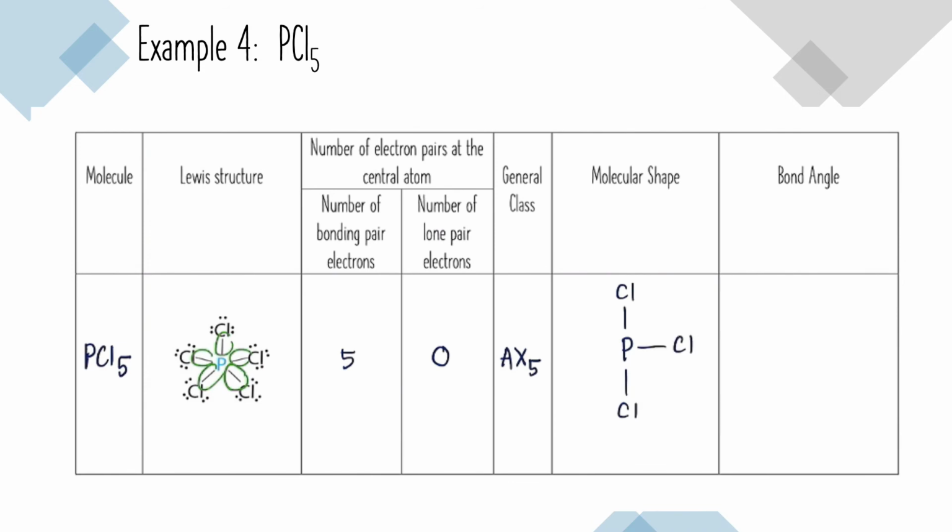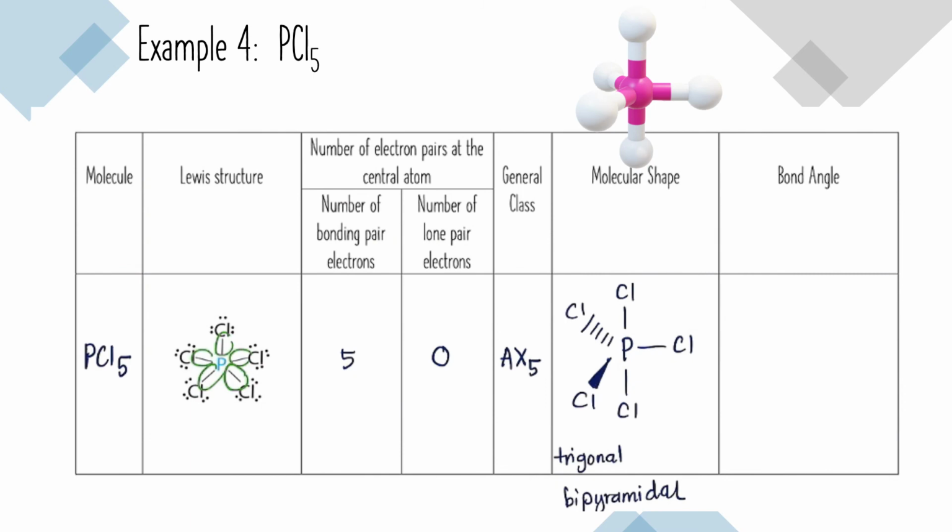You can draw it at the right side or at the left side of your drawing. One is pointing forward. Another one is pointing backward. So this type of molecular shape is called trigonal bipyramidal.